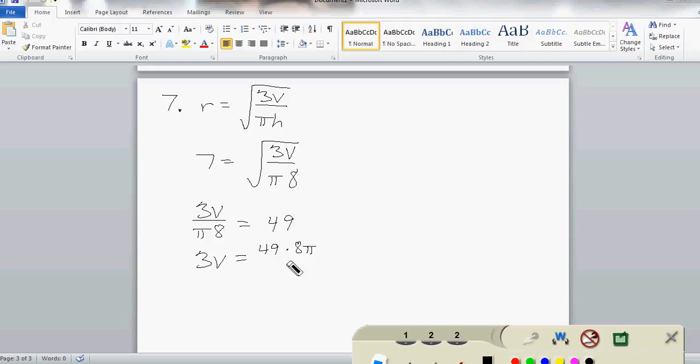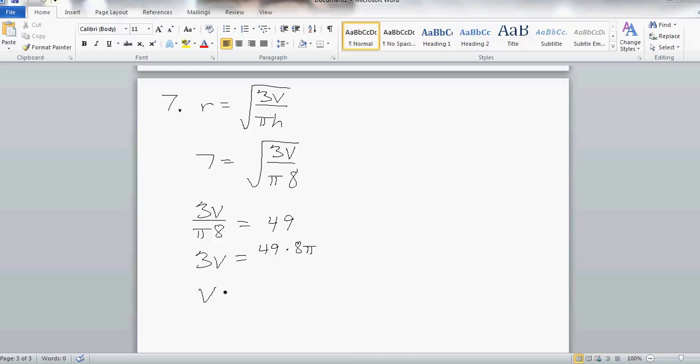So 3v equals 49 times 8 pi. And so dividing both sides by 3, we get 49 times 8 pi, all divided by 3. And we're allowed to use 3.14 as an approximation for pi. And so this equals approximately 52.1 cubic inches.